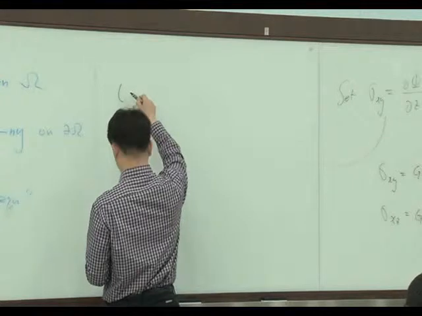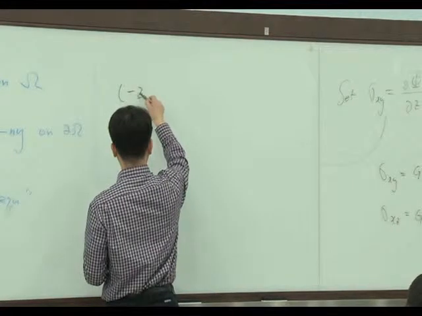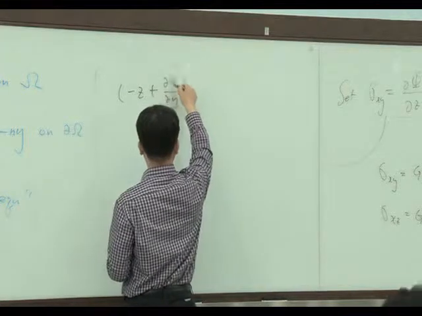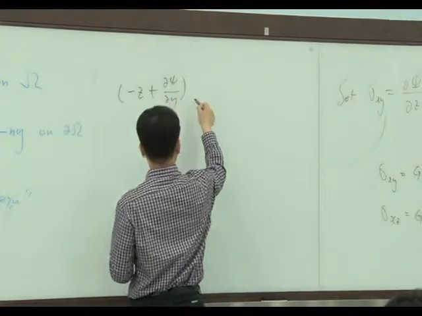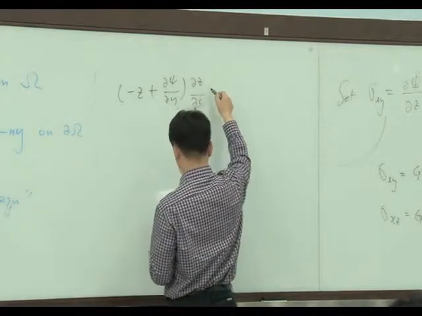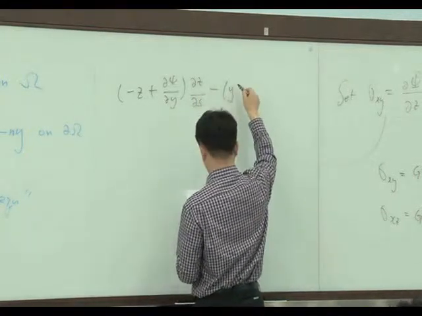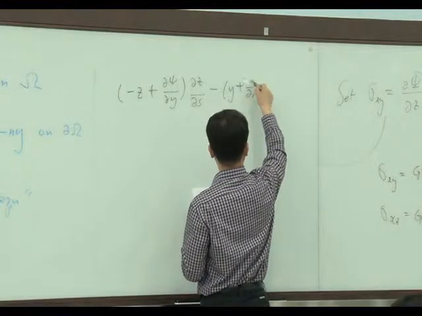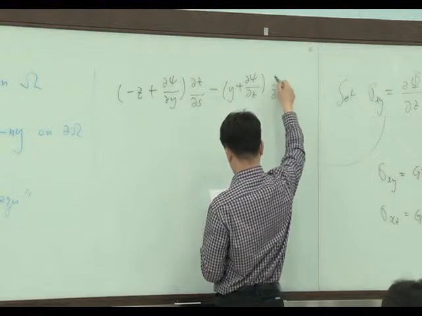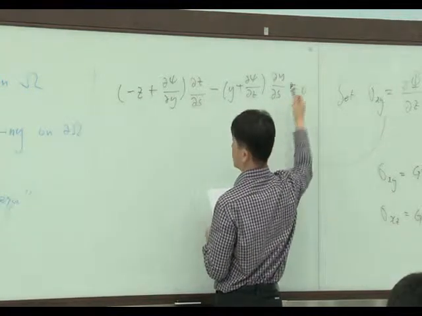So that equation becomes g plus y pi partial s g minus y plus y equals 0.